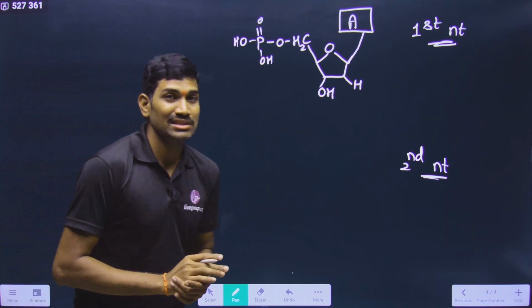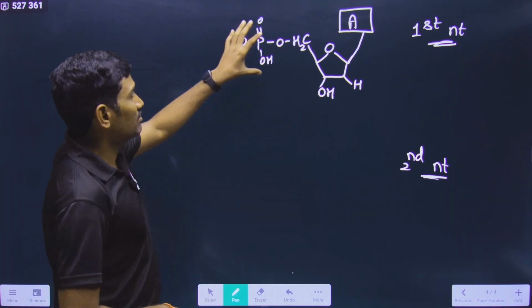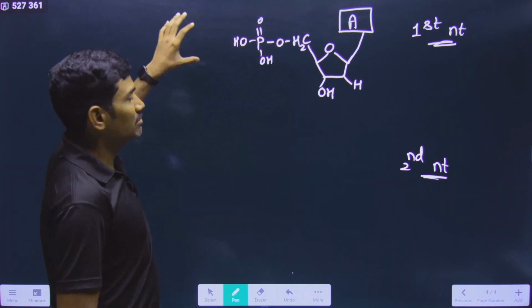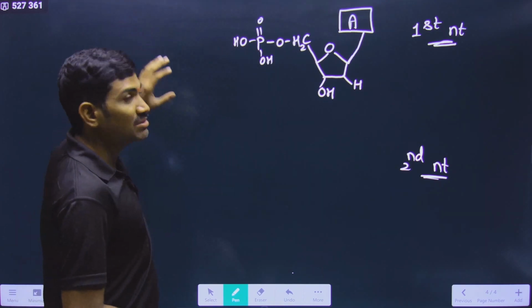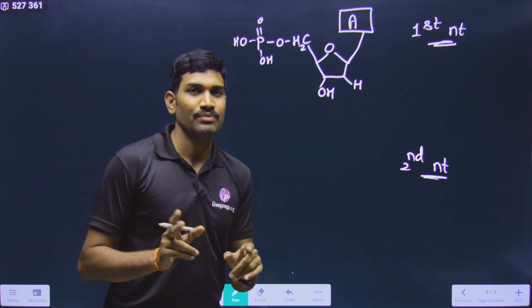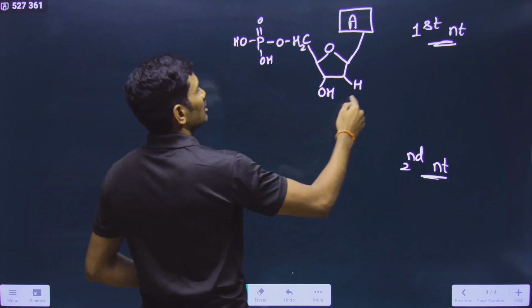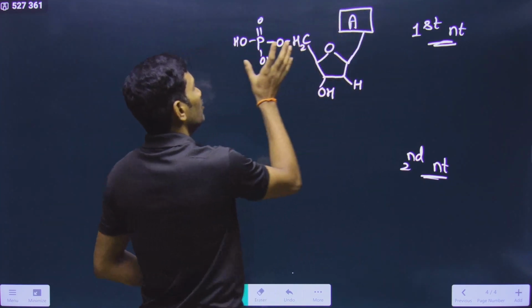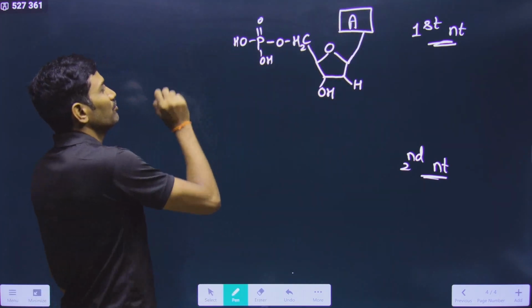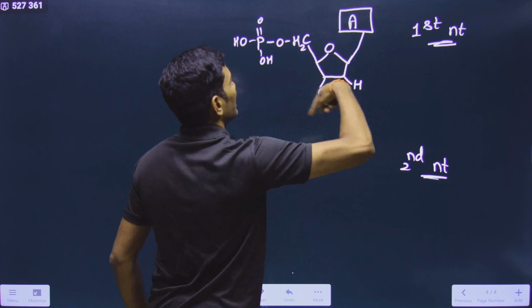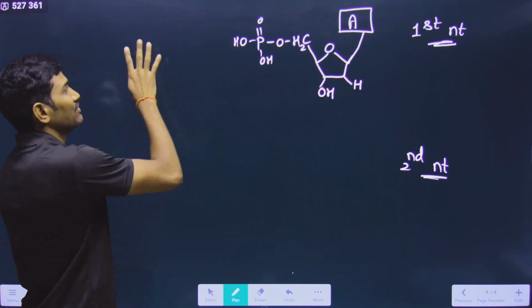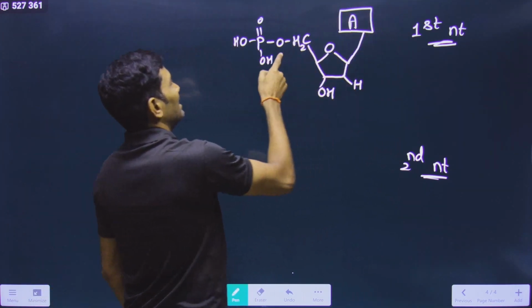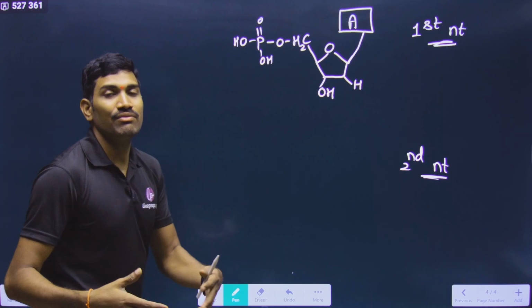But in the previous lecture itself, I told you, sometimes a single phosphate is present, sometimes two phosphates are present, sometimes three phosphates are present. Yes or no? If a single phosphate is present, it is called nucleoside monophosphate. If two phosphates are there, nucleoside diphosphate. If three are present, nucleoside triphosphate. In this way, we are giving the names.